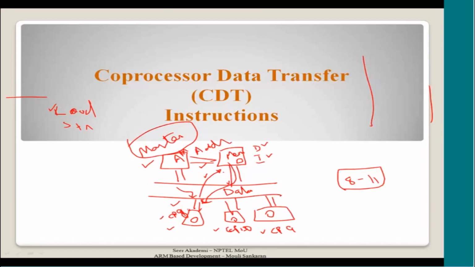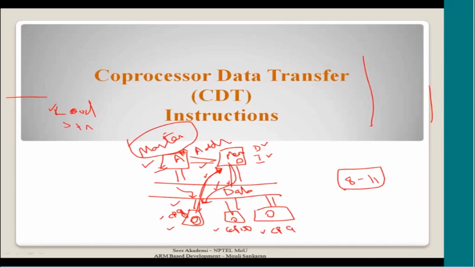So a load operation may be done, some value from memory loaded into the coprocessor's registers, then the coprocessor does some operation with that, and then it does a store operation to store it into the memory. So it is possible now with these instructions, but the only caveat is that the addresses have to come from ARM and data will be provided by the coprocessor.